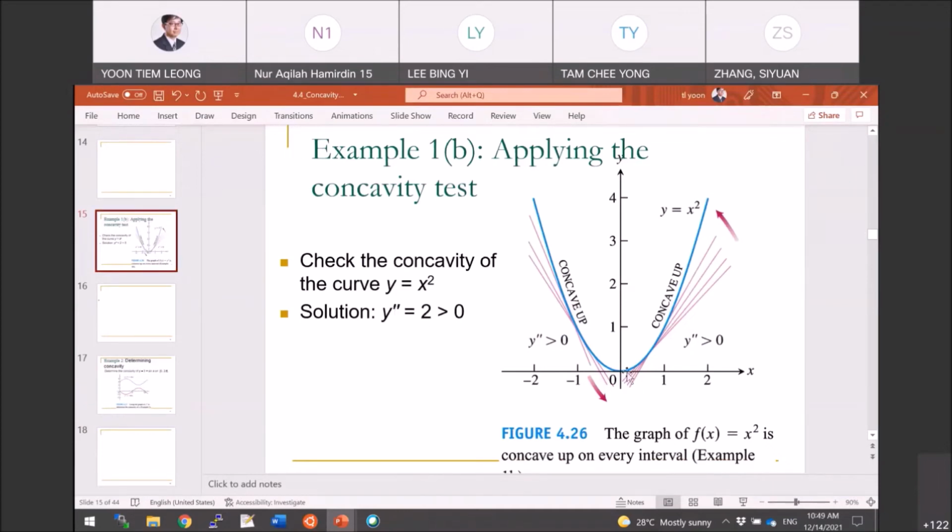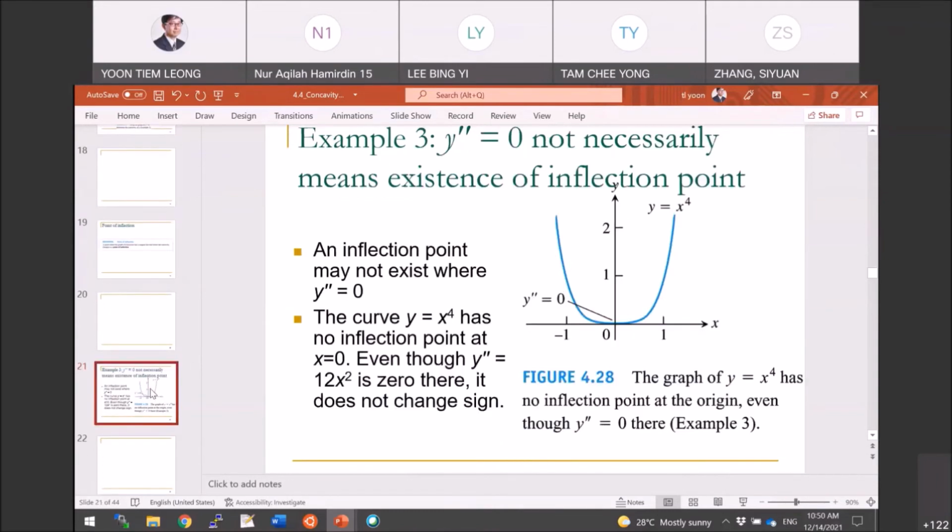Therefore, again, there's no inflection point because it never changes sign. Y prime prime never changes sign. The graph is having only a positive concavity for all values of x. So is the case of y power 4. It has no inflection point. Now, why is that so? In this case, because the y prime prime is always positive.